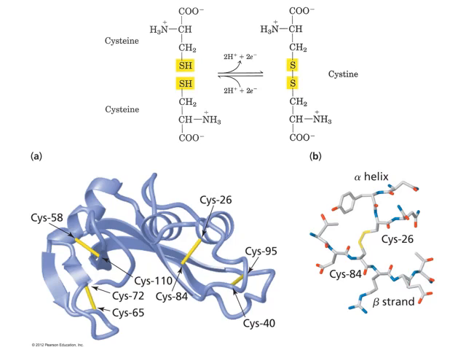In the peptide below here on the left, you see these yellow structures which depict disulfide bridges. So the arrows are pointing out to you that, for example, there's a disulfide bridge between cysteine 26 and cysteine 84. So one molecule of cysteine forming a bridge there. A disulfide bridge between cysteine 40 and cysteine 95, for example.